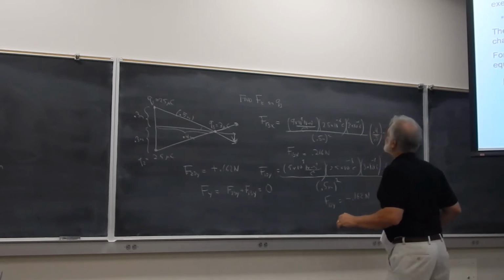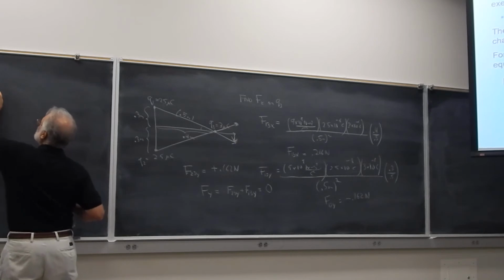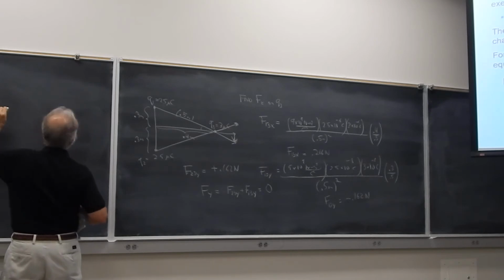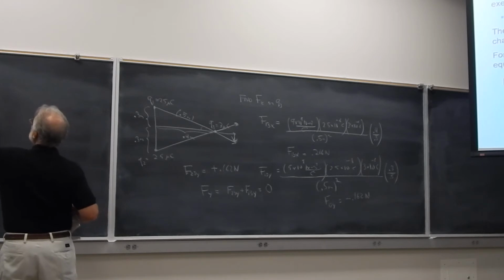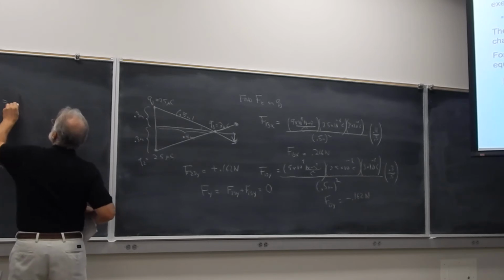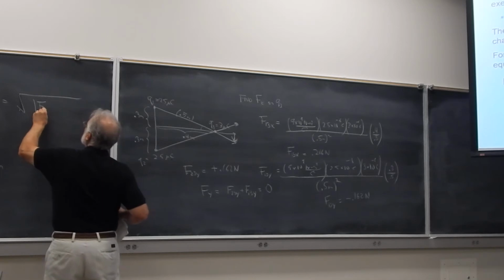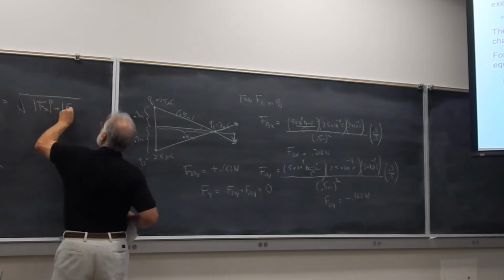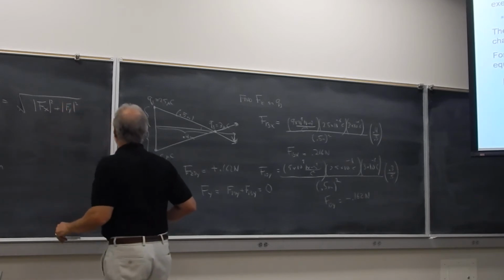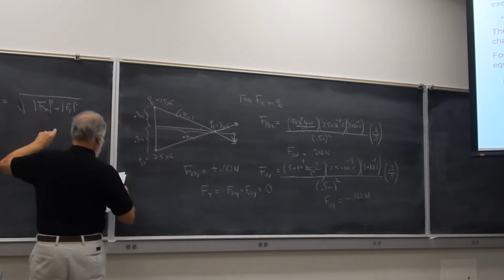I know that in general, when I want to find the magnitude of the force on Q3, that's equal to the square root of Fx squared plus Fy squared. Fy squared, as we said, the sum of those y forces is 0. So all that I have is Fx squared.